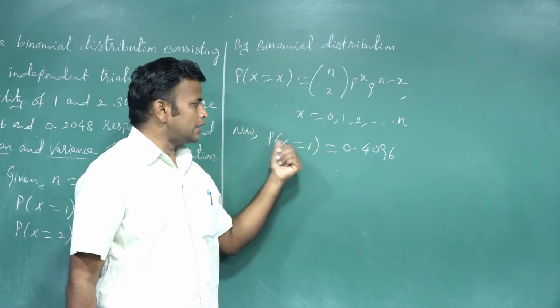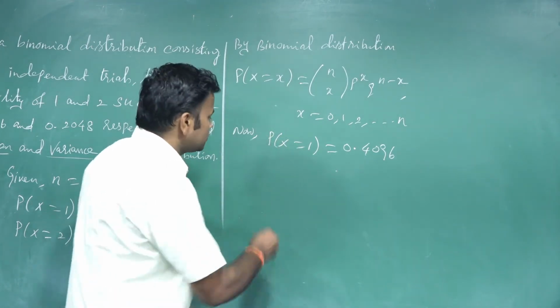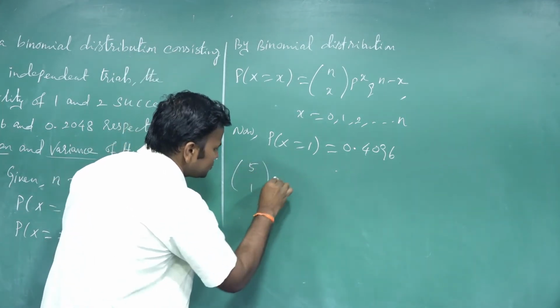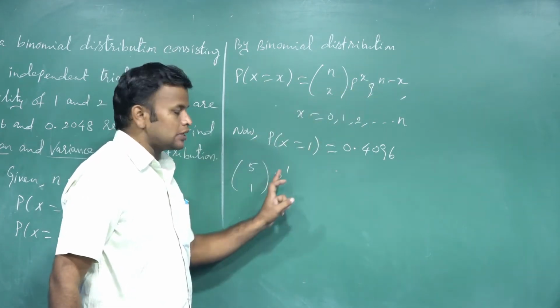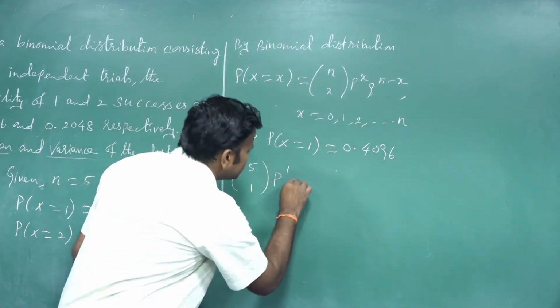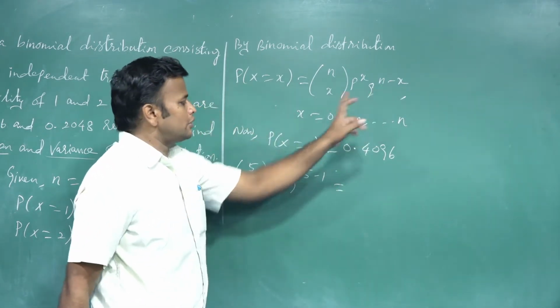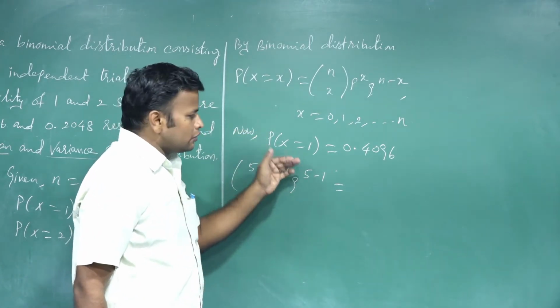We know the value of n, and here the value of x is exactly 1. So the value of n is 5. So 5C1, P power x, the value of x is exactly 1, Q power n minus x, n value is 5 minus 1. So the LHS probability formula we used.